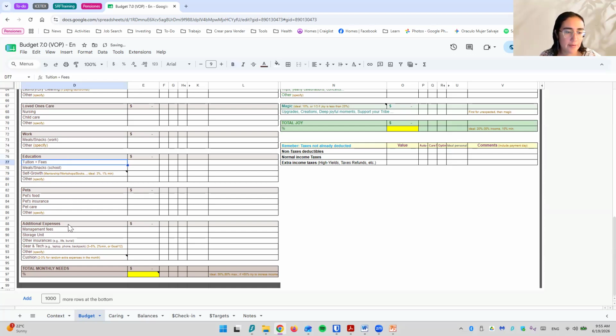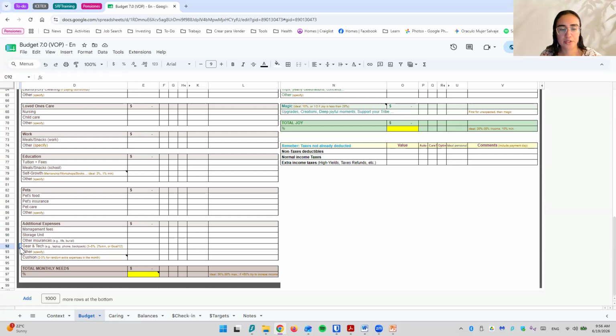And then additional expenses that maybe you have: management fees, storage unit, other insurances. Gear and tech is a very important category to take into account. The idea is that these help you with paying for apps that you really need or getting a new phone when they get damaged or things like that.